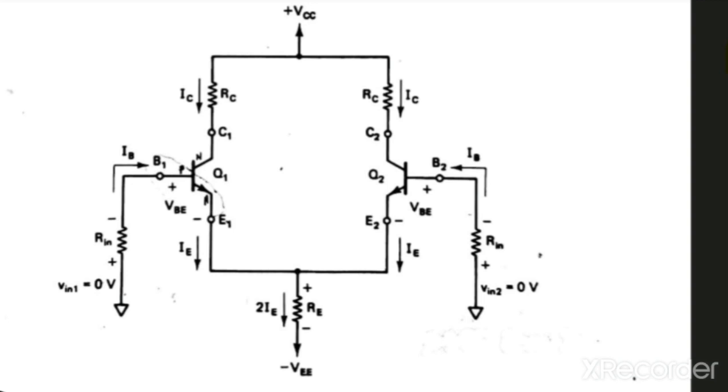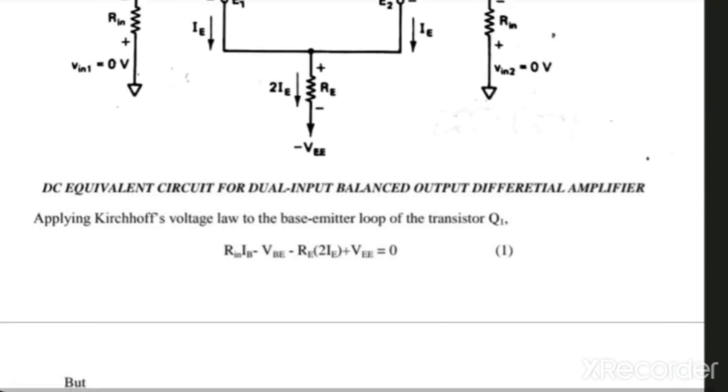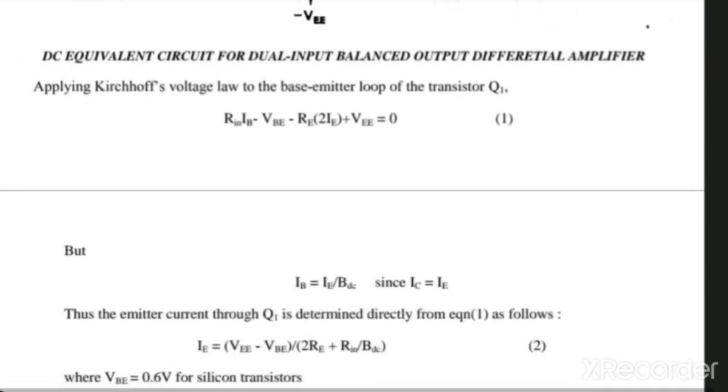Now we will apply Kirchhoff's voltage law to the base emitter loop of the transistor Q1. Applying Kirchhoff's voltage law, the equation can be written as R input IB minus VBE minus RE 2IE plus VEE equal to 0.